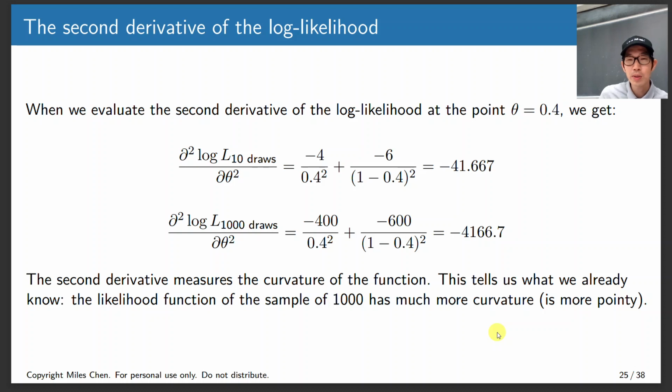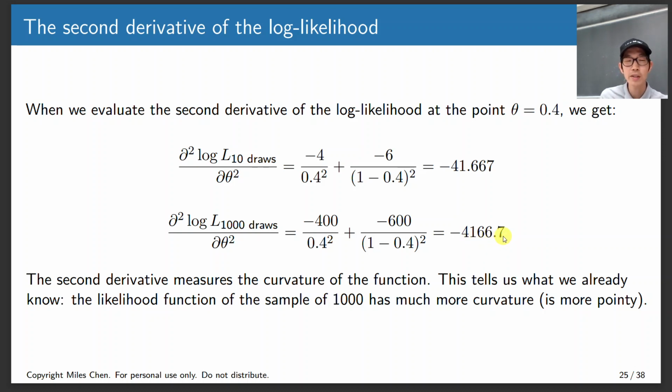If I plug in the point 0.4, where my likelihood is maximized, the second derivative of the log likelihood here is negative 41.667, and over here it's 100 times that, negative 4,166.7.